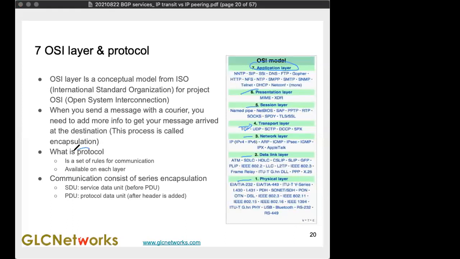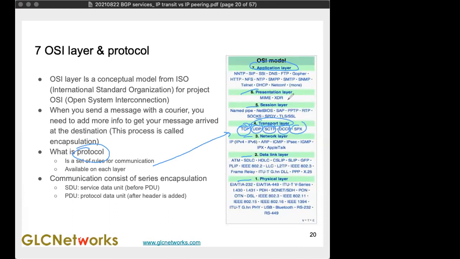A protocol is a set of rules of communications, and each layer has its own protocols. For example, on layer 4 here, we have protocols like TCP, UDP, SCTP, DCCP, SPX, and so forth. So that's how communication works.